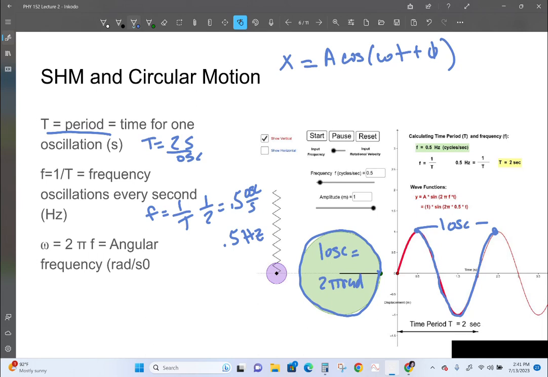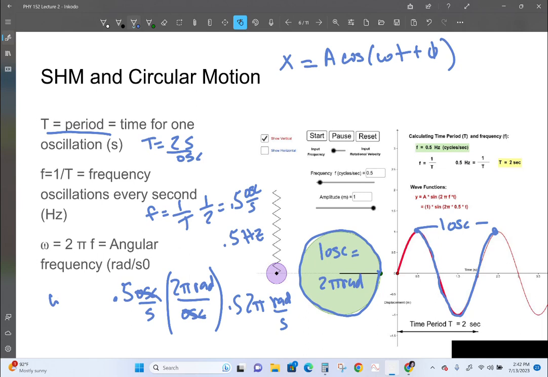So if I want to know how many radians per second, I can convert 0.5 oscillations per second to radians by converting one oscillation to 2 pi radians, and that's going to give me 0.5 times 2 pi, and that's going to give me units of radians per second. So the formula for angular frequency, which is omega, is 2 pi times f.